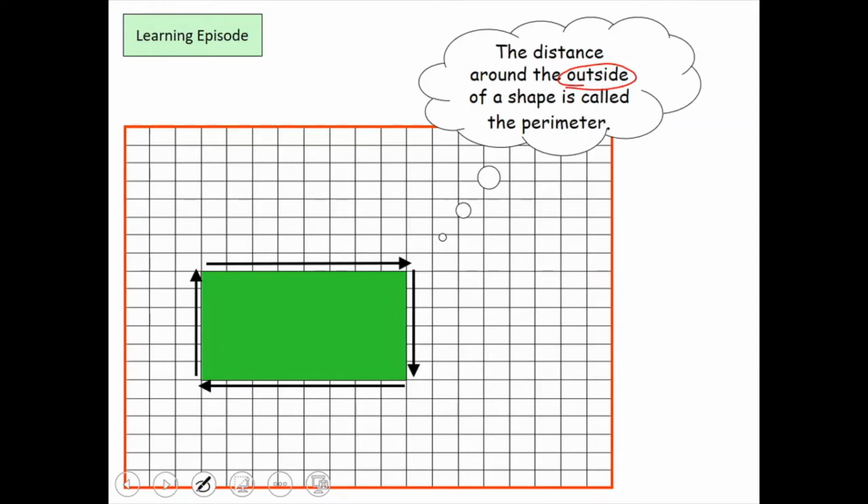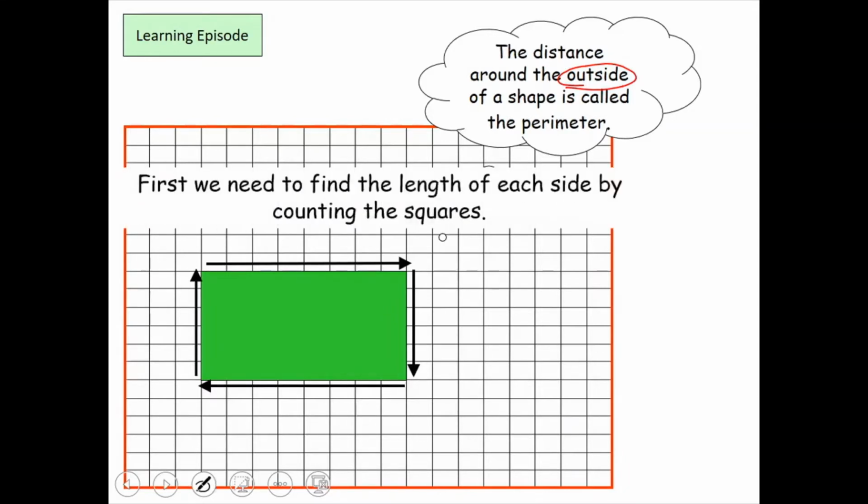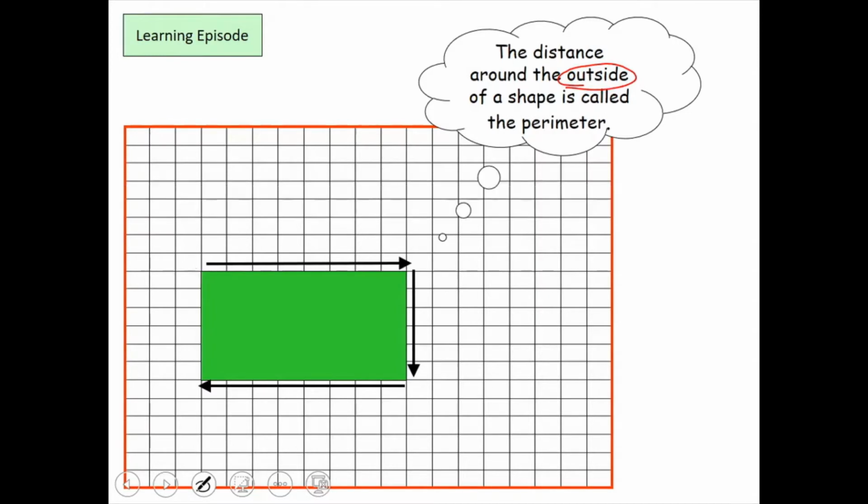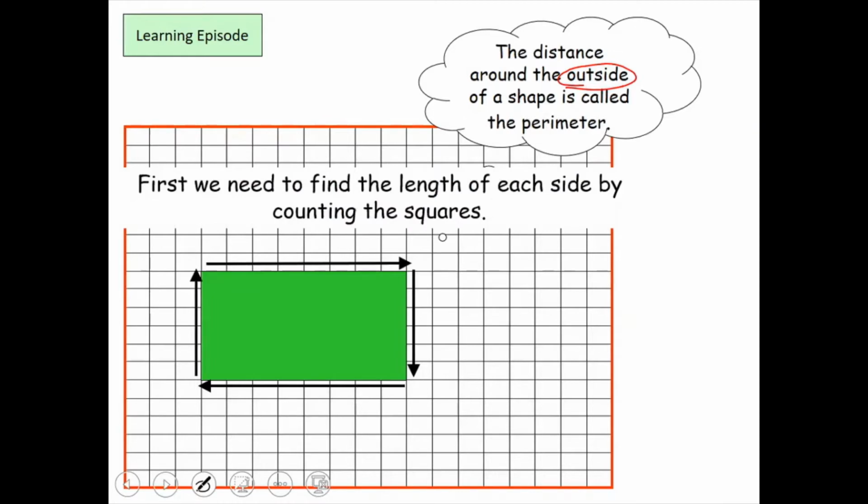And what we're going to do is count the boxes to figure out the length. So we need to find the length of each side by counting the squares.